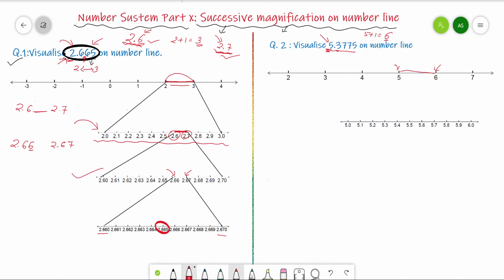This is how it will look. So what we have done, we have expanded or enlarged this region between 5 and 6.